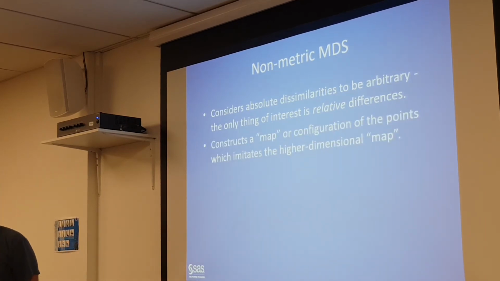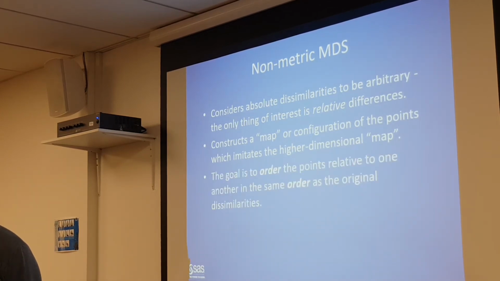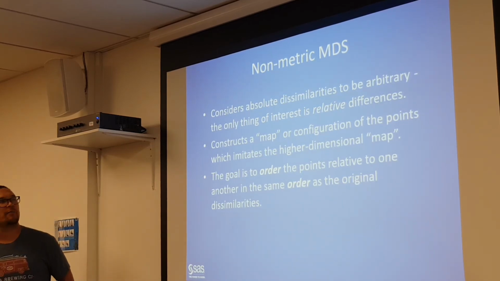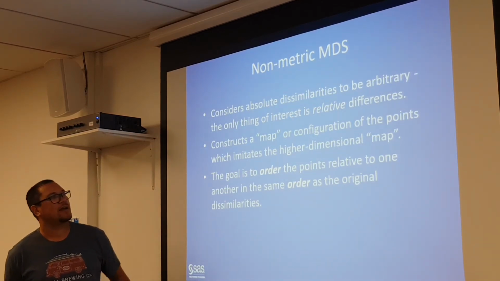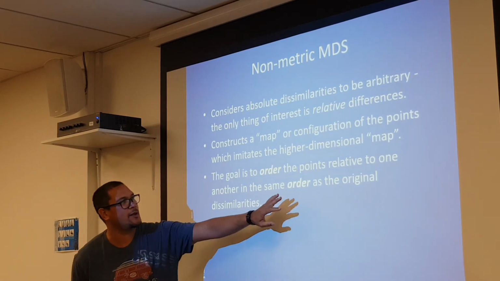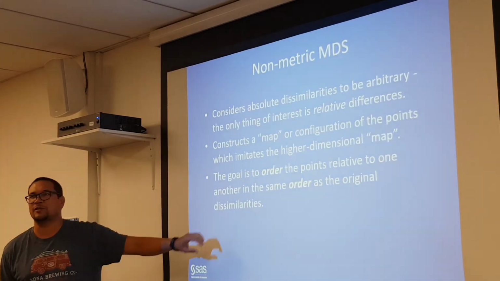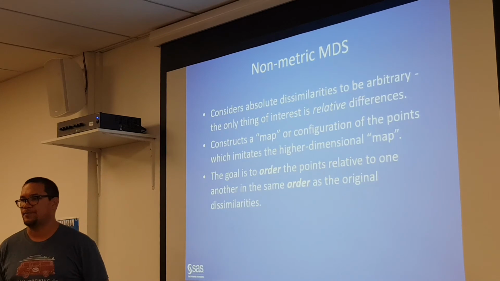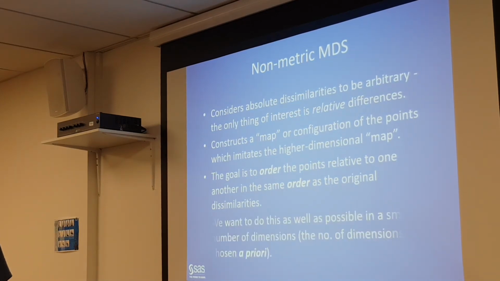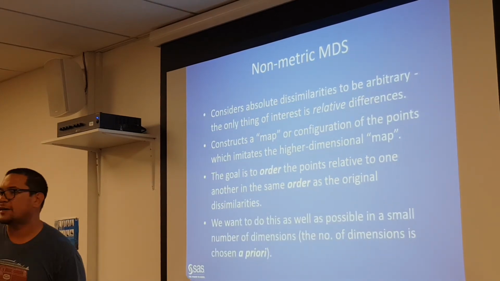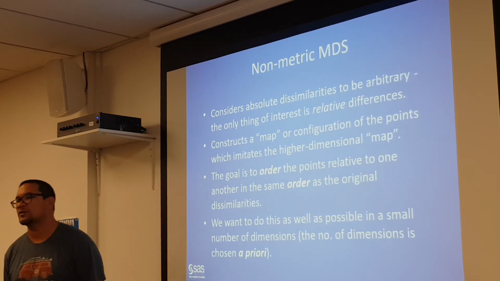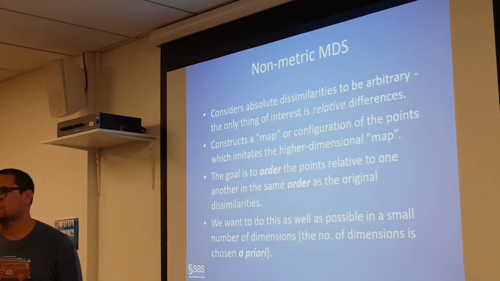And we're going to construct a map based on that. Right? That's going to try and imitate the high-dimensional map. So once again, the goal is to order the points on our map relative to one another. In this instance, it's going to be in the same order as the original dissimilarities in the full dimensional space. So we want to do this as well as we can in our two-dimensional space, right?